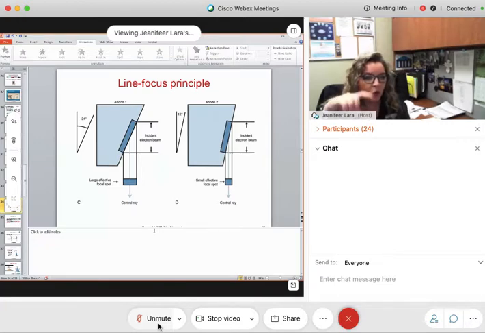So, one focal spot has electrons. The other focal spot now has X-rays.